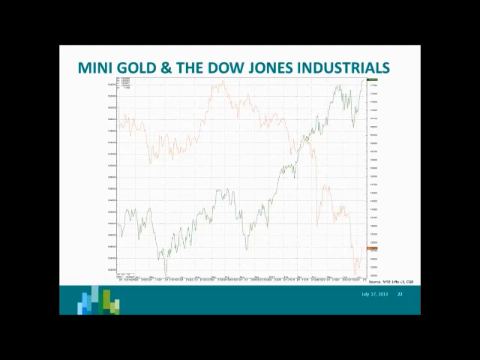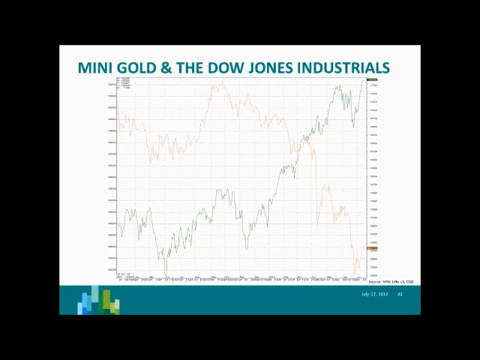Obviously, you can substitute for the Dow Jones any equity index that's important to you, or SHFE, anything listed. So here you can see that there's a strong inverse correlation.